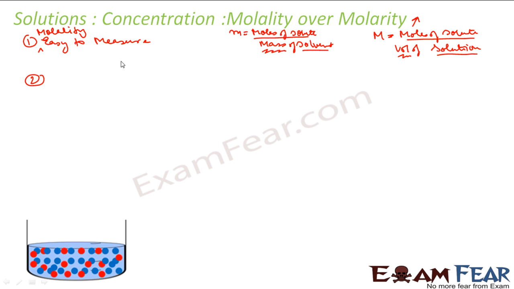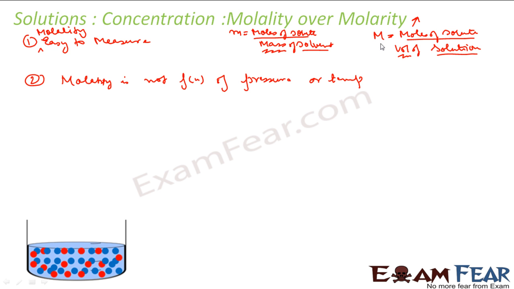Also, if you see, molality is not a function of pressure or temperature. When you are measuring molarity, since the molarity varies with pressure and temperature, you have to specify pressure and temperature also.